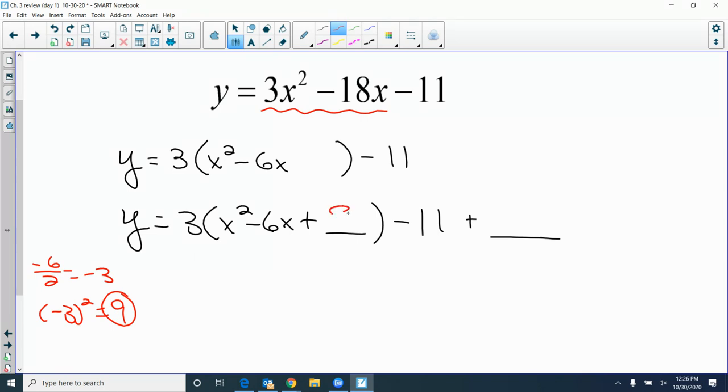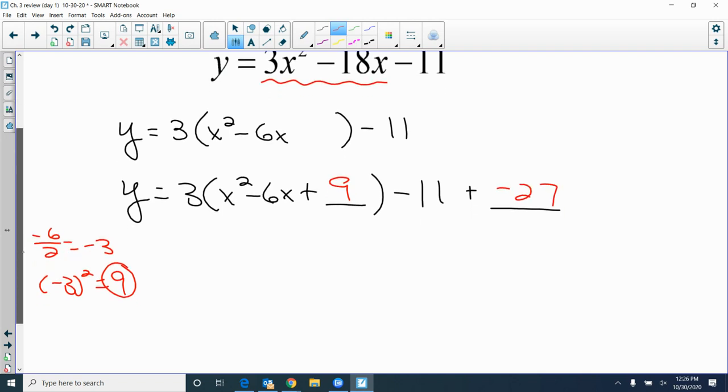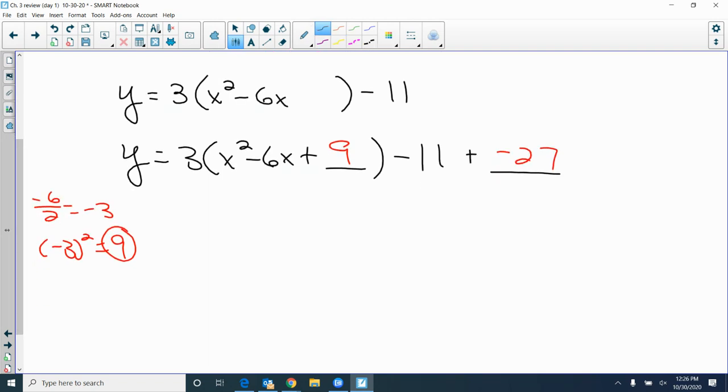So the 9 goes here. What's going to go in that other spot? Negative 27, because it's multiplying 3 times 9. We have to counter that. And so I get y equals 3 times the quantity x minus 3 squared minus 38. So that's in vertex form.